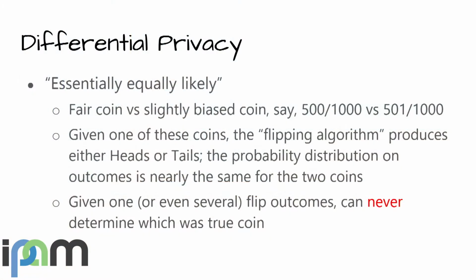So what we're saying is that given one or even several flip outcomes, the adversary could never figure out which coin you had. That's what we mean when we say, even knowing both data sets, the adversary wouldn't know which data set was being used.